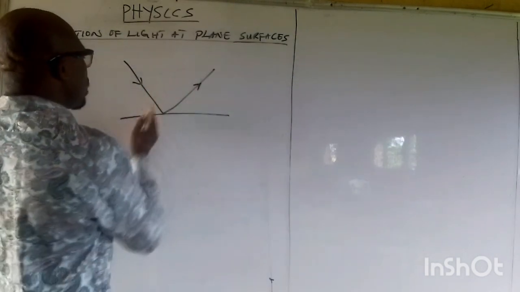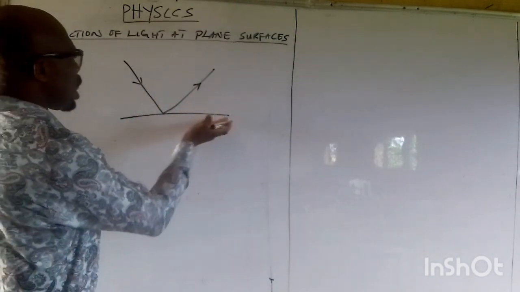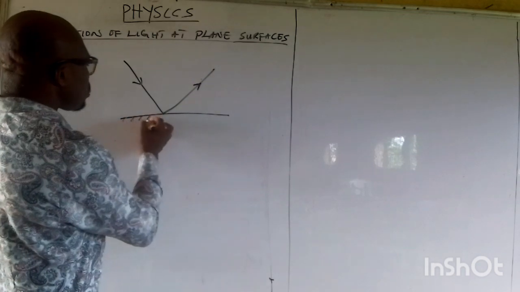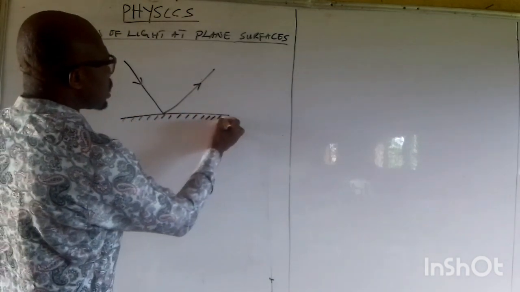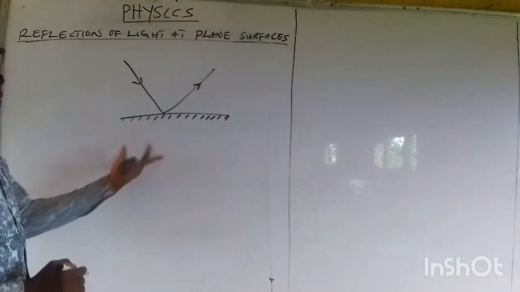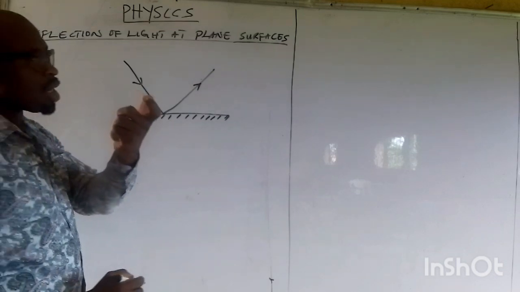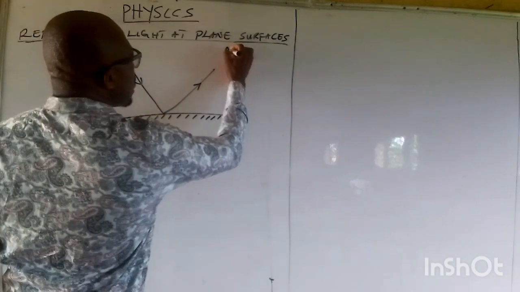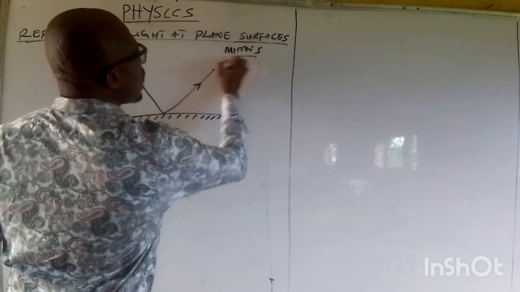Now, if we have this as our plane surface, this side is the silver surface. The typical example of a plane surface we're referring to is the mirror.